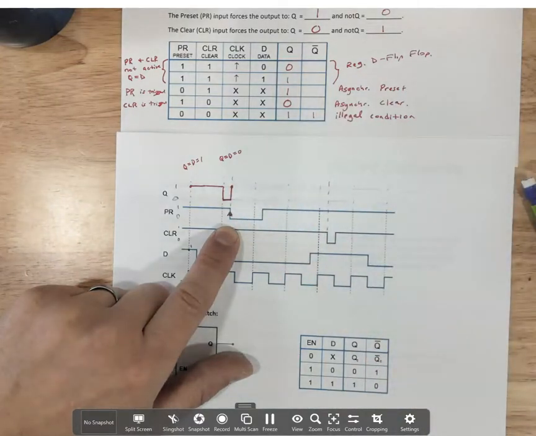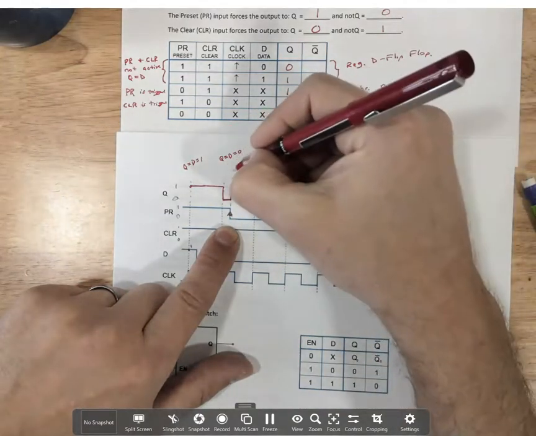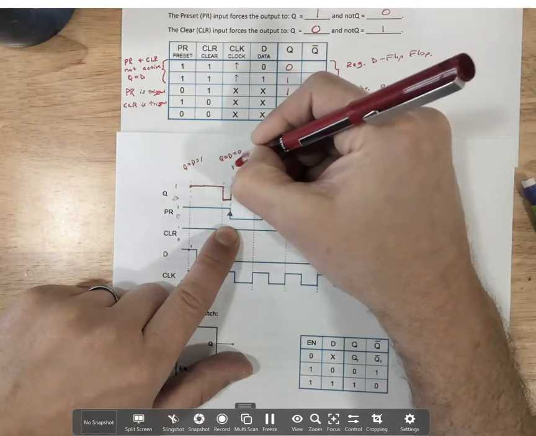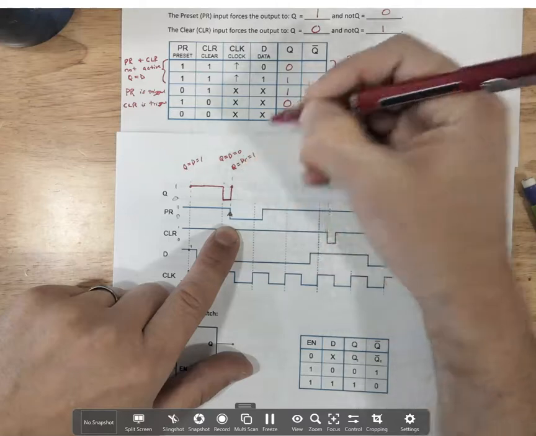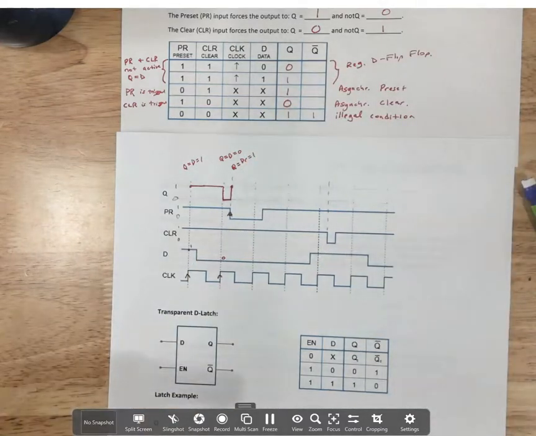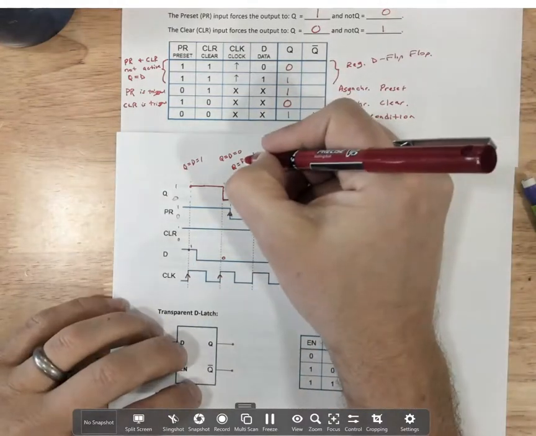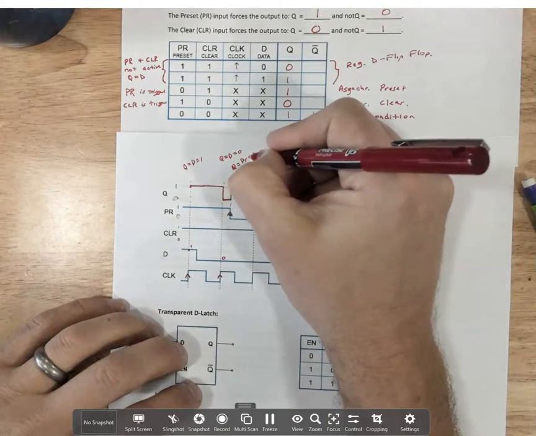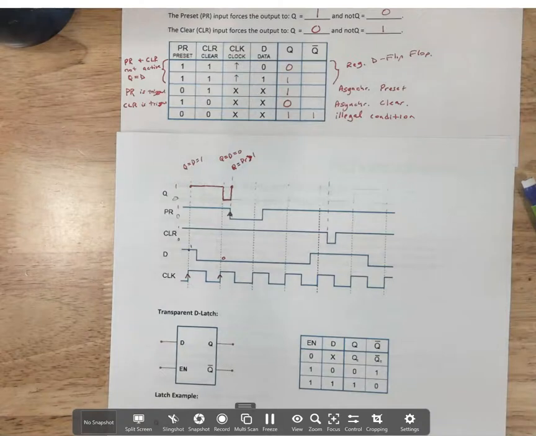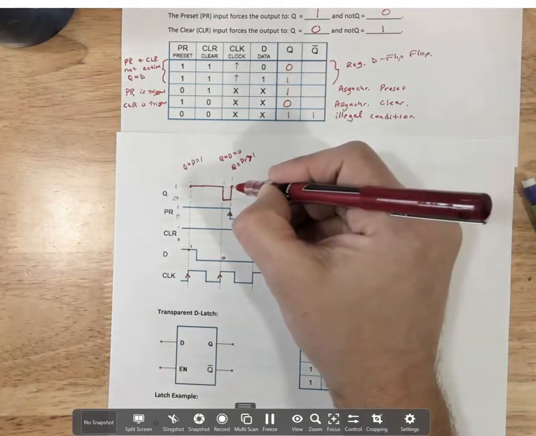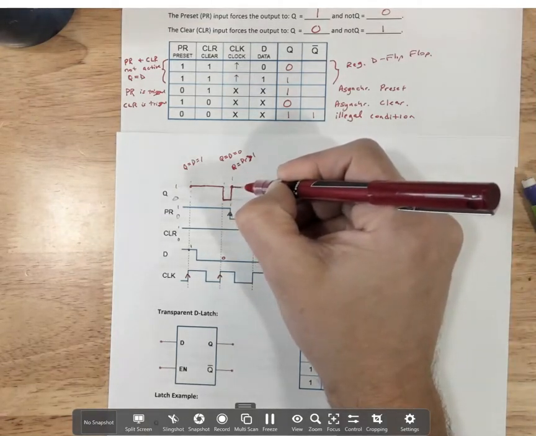Is that okay? So here we've got Q wants to match preset, which is going to make it 1. It's not that preset is 0, but let me do an arrow there, not an equal sign. But Q is going to become a 1. Is that okay?